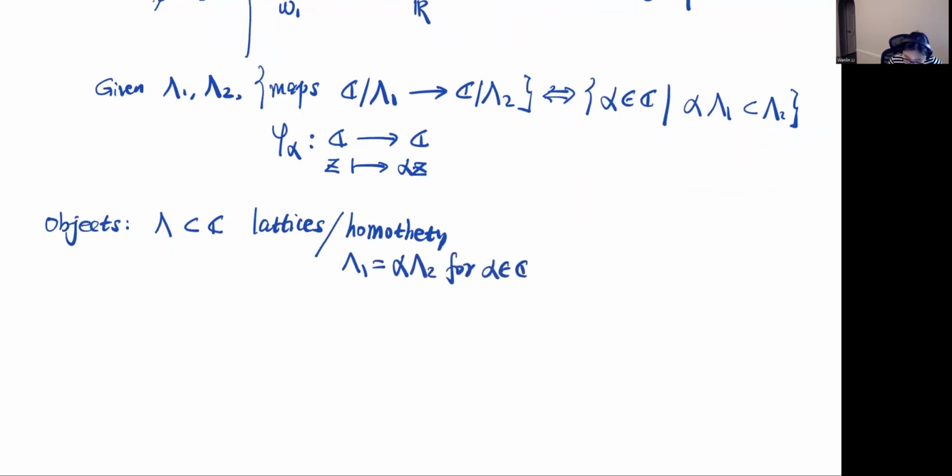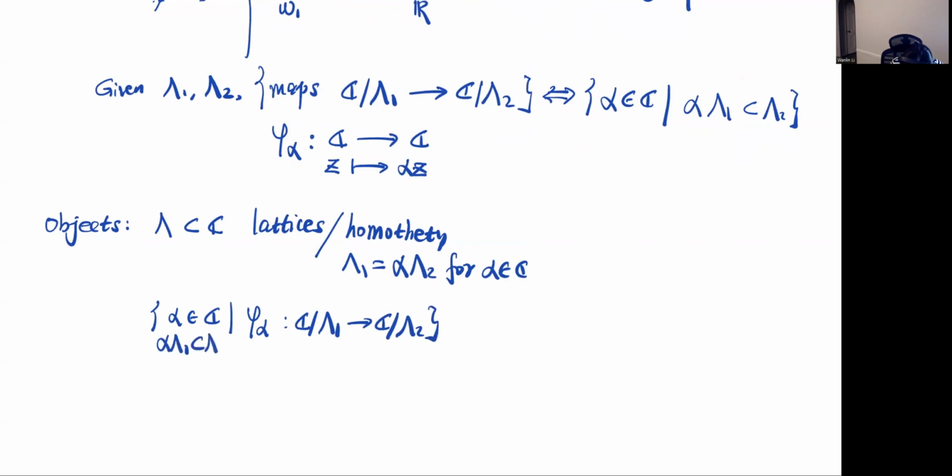Okay, this is called homothetic. So I can think about the set of lattices in C up to homothety, where the morphisms are exactly these maps phi alpha, with alpha in C, from C mod lambda 1 to C mod lambda 2, such that alpha lambda 1 is inside lambda 2. Okay, these are the morphisms.